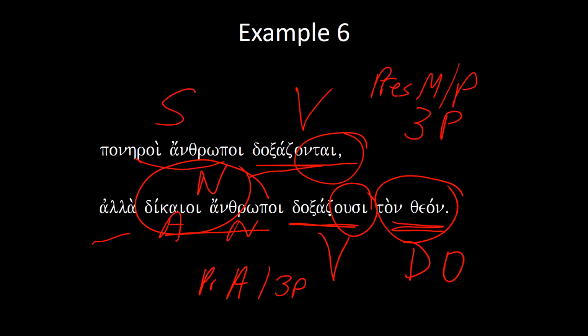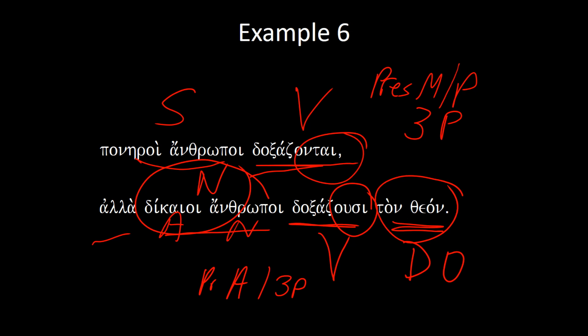Then here's our accusative direct object, ton theon. Righteous men glorify God. So does that help us? We have evil men glorify themselves, if it's middle. Evil men are being glorified, if it's passive. But righteous men glorify God.